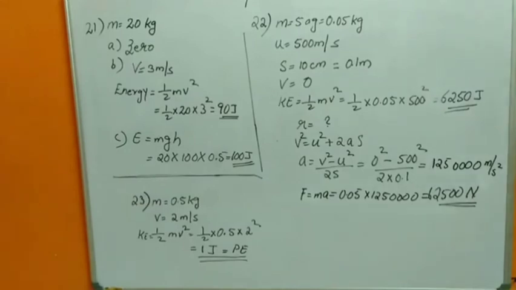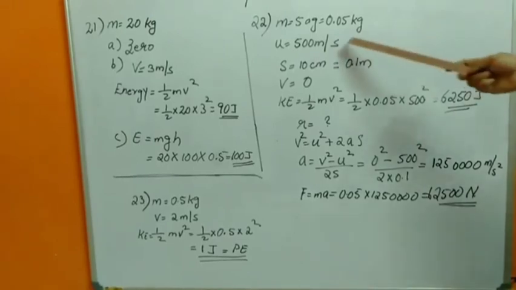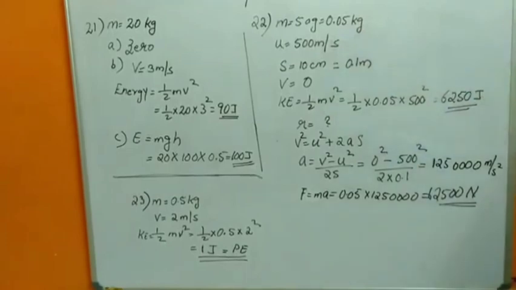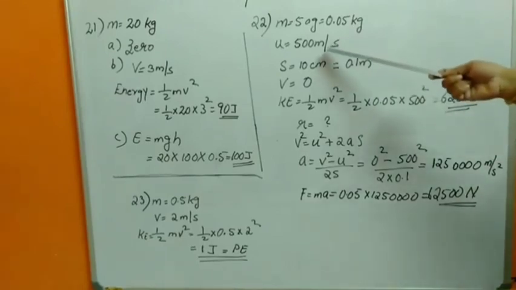Next, question number 22. A bullet of mass 50 gram. Here the bullet does not mean our Royal Enfield; it means the bullet fired from a gun. So the bullet mass is 50 gram, converting to SI unit, 0.05 kilogram, moving with a velocity of 500 meter per second. That is the initial velocity.